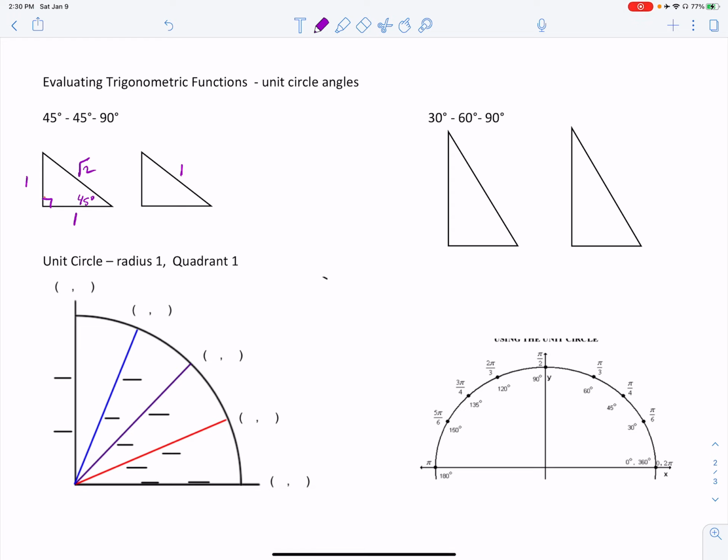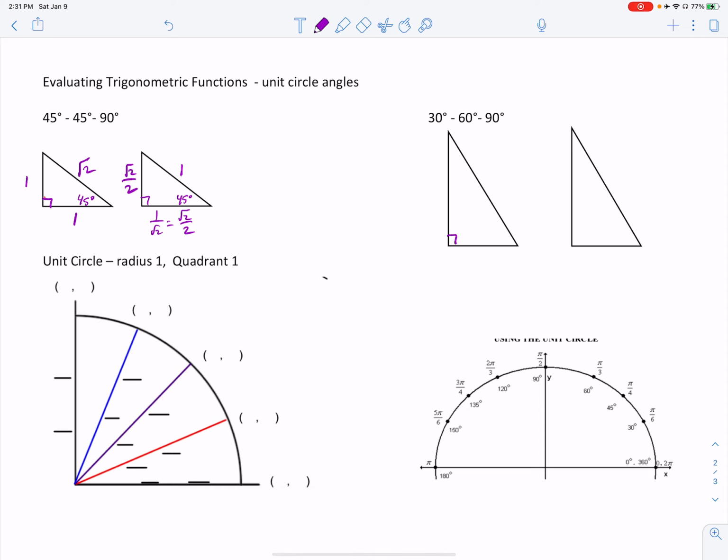And so if the hypotenuse is 1, to get to the leg, you need to divide by root 2. So this side would be 1 divided by root 2, but then we rationalize, and the side is root 2 over 2. And the legs are equal, so we have root 2 over 2 for both of those. And so that's a handy triangle to use where the hypotenuse is 1, because we're using the unit circle.